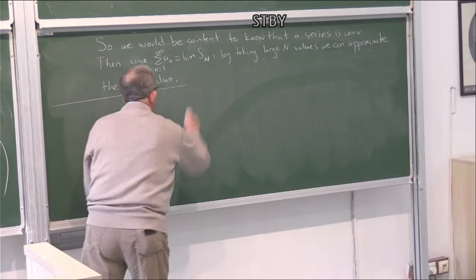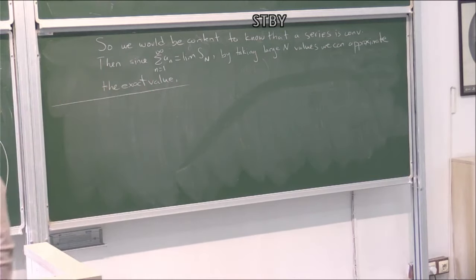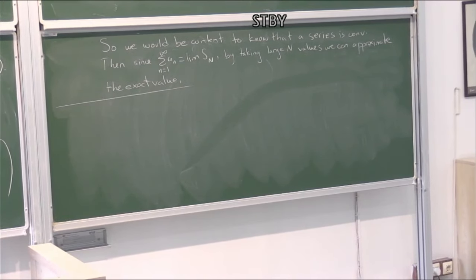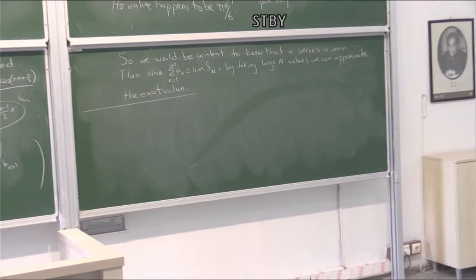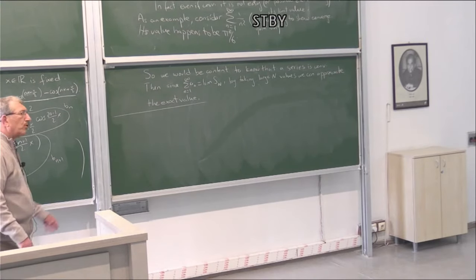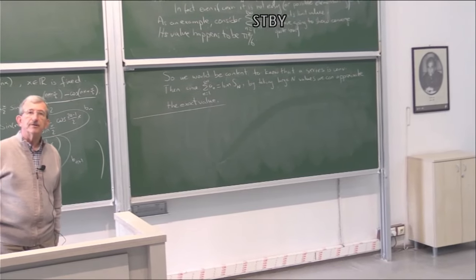So the question now is, without calculating the limit of Sn, possibly without knowing what Sn is, we want to say something about the existence or non-existence of the limit.